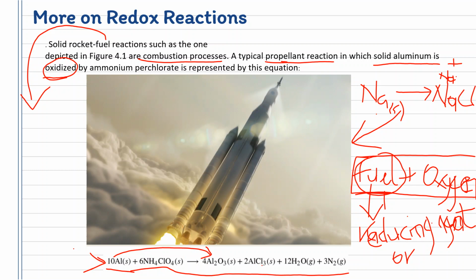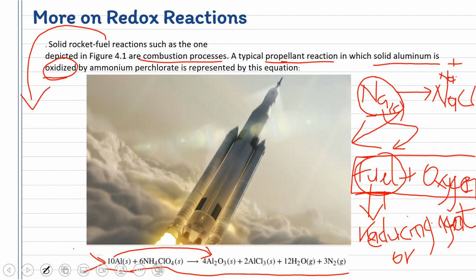Excellent. And so just a quick one. Sodium is undergoing oxidation, and when sodium is oxidized, this is also called what? The reducing agent.